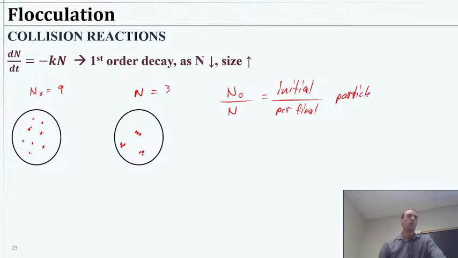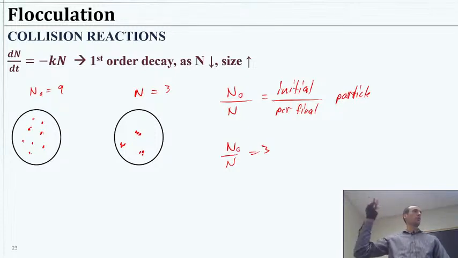Meaning that the volume of the final particle, in this case, if N naught over N equals 3, that means each particle is 3 times the volume of the original particles, right? So we can see that spatial relationship right now and see how we can work towards a size difference.